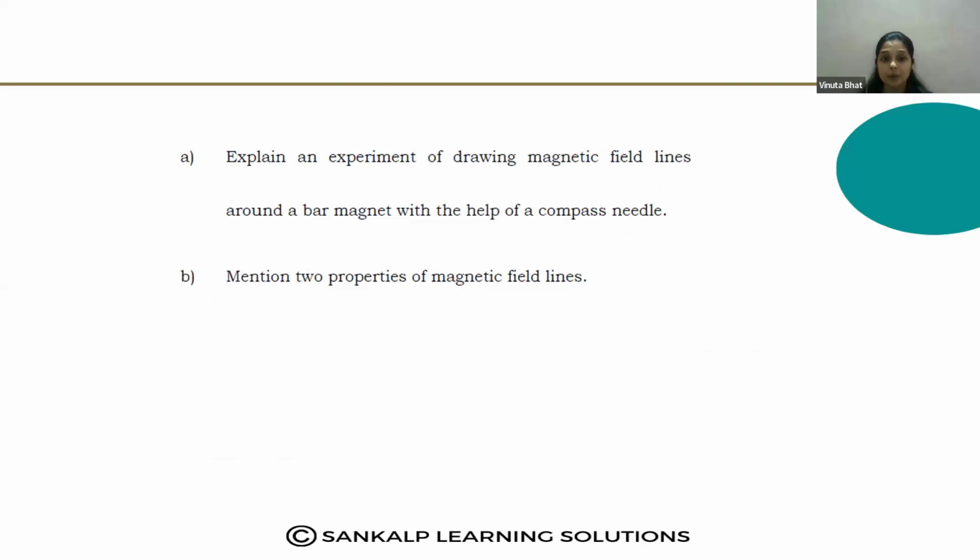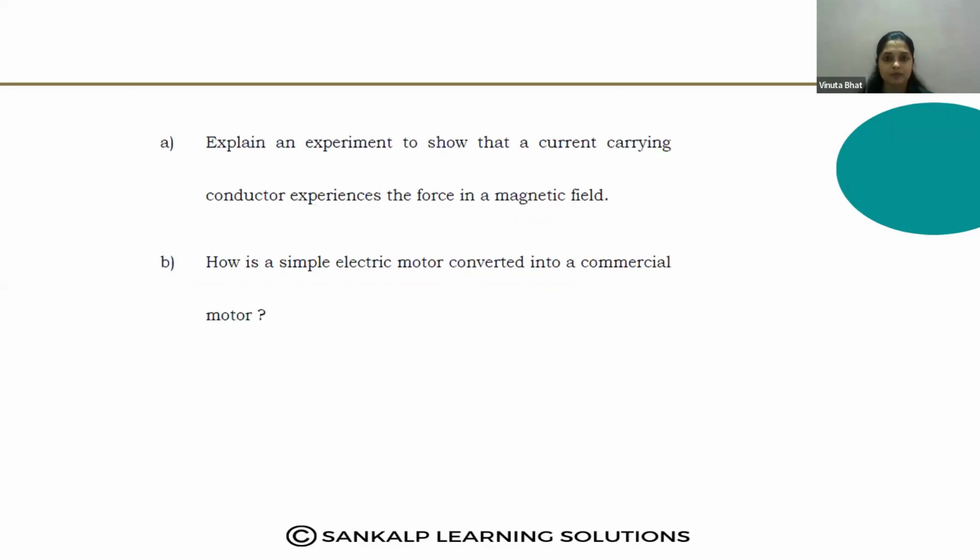So again, the same question: explain an experiment of drawing magnetic field lines around a bar magnet with the help of a compass needle. Mention two properties of magnetic field lines. Here, using the compass needle, how the magnetic field lines are detected, that you have to explain.